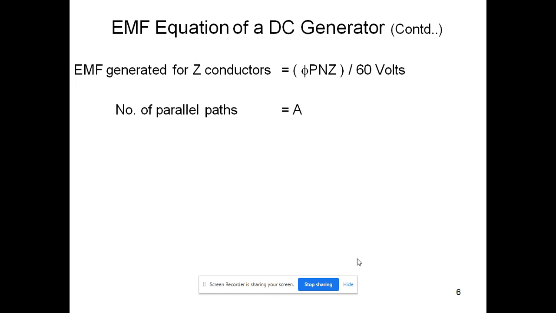The number of parallel paths is represented as A.